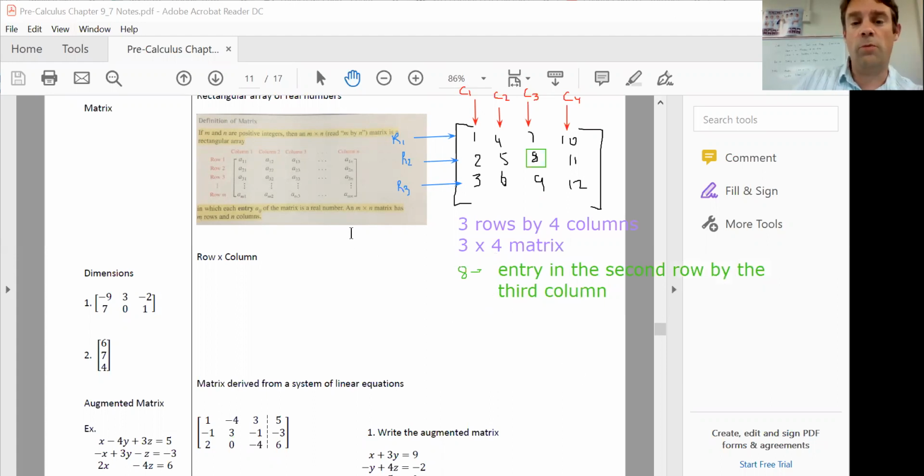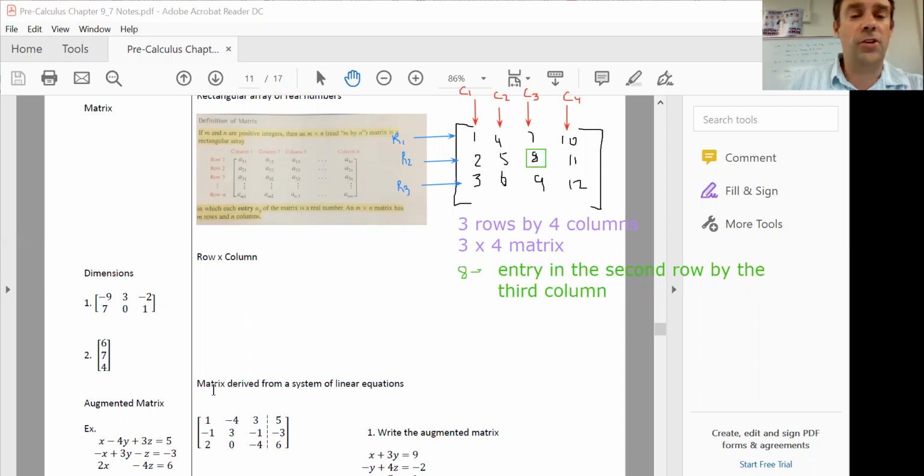If I say, what entry is in row 1, column 4, that would be 10. So 8 is in the second row by the third column. Each one of these is an entry, and we find them all by the row and column. Again, think of it as Battleship.